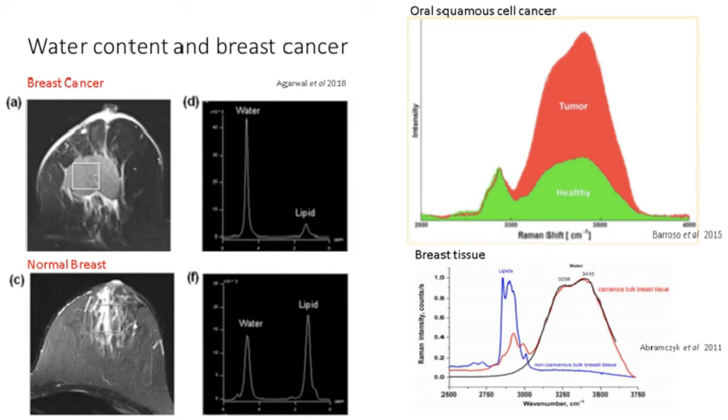And this is the high wave number part of the Raman spectrum. What we're seeing here is the relative water content to the protein and fat CH peaks, which you see at around 2985 wave number. So you can see that the water is significantly higher in tumorous oral cancers, but you can also see the same kind of effect in breast tissue if you look at the spectrum below.